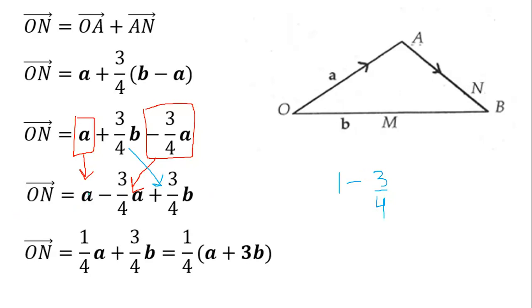Now, you can think of this A as having an invisible 1 here. So we have 1 minus 3 over 4. What is that? Isn't 1 simply 4 over 4? Because 4 divided by 4 is 1. So this is 4 over 4 minus 3 over 4.